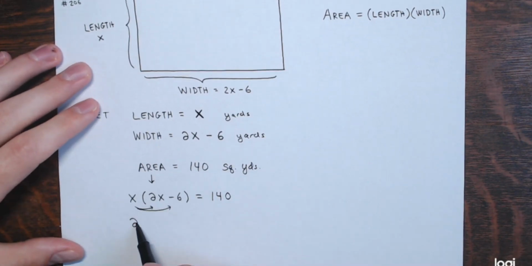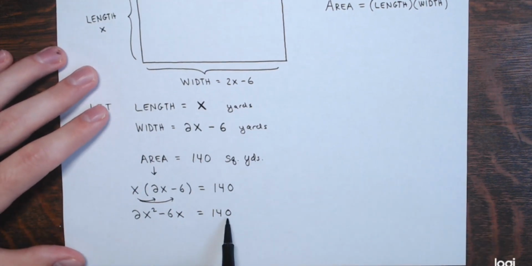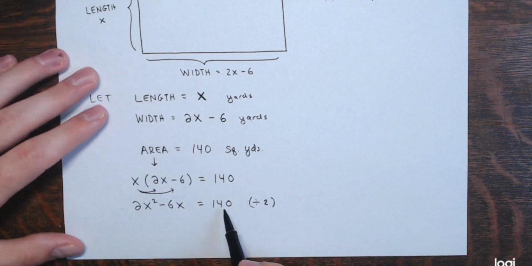Got 2x squared minus 6x equals 140. Something I'm noticing is that every single coefficient is an even number, so I'm going to divide both sides by 2 just to make the numbers a little smaller. You don't have to, but I like doing it. So now we have x squared minus 3x equals 70.